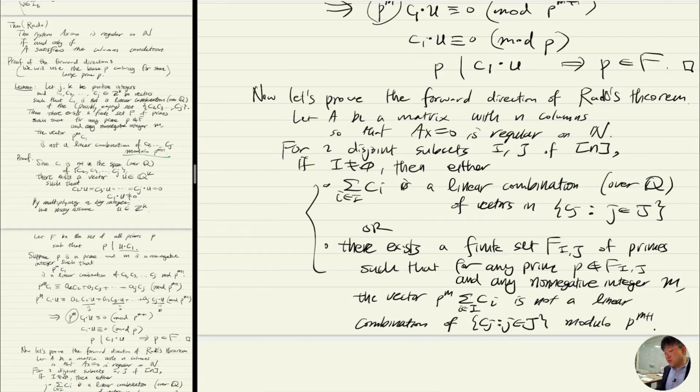So whenever I take two subsets I and J, one of these two things happens.